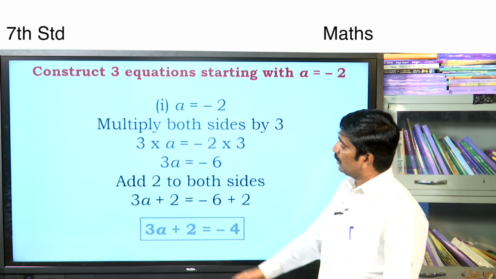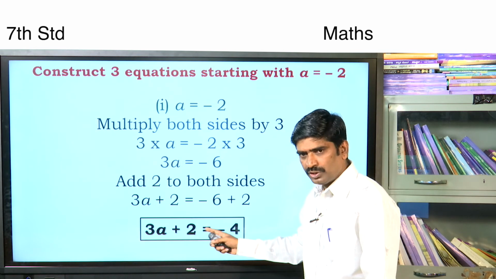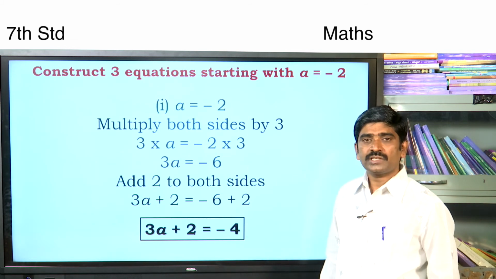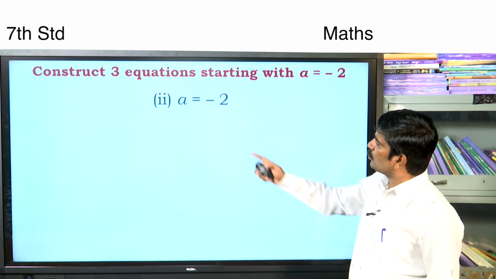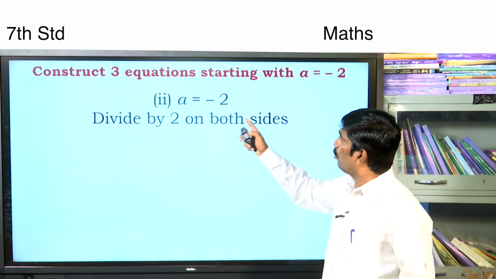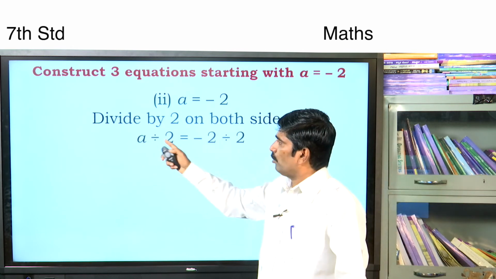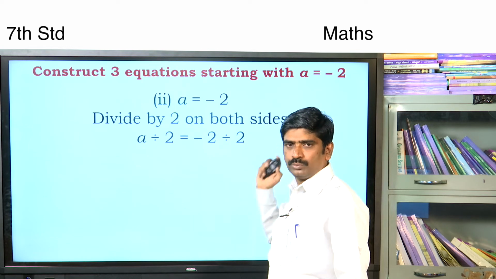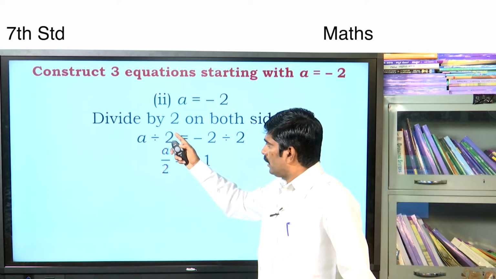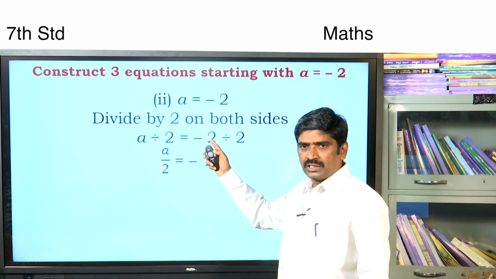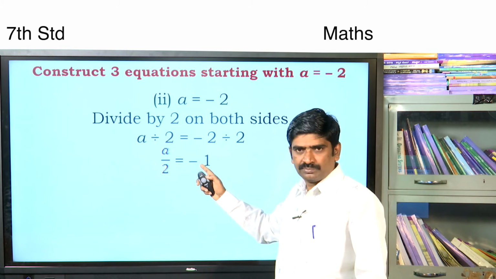Therefore, 3a plus 2 is equal to minus 4. We created one equation. Second one, a is equal to minus 2. Solution is same. Divide by 2 on both sides. A divided by 2 is equal to minus 2 divided by 2. Then a divided by 2 is equal to minus 1.